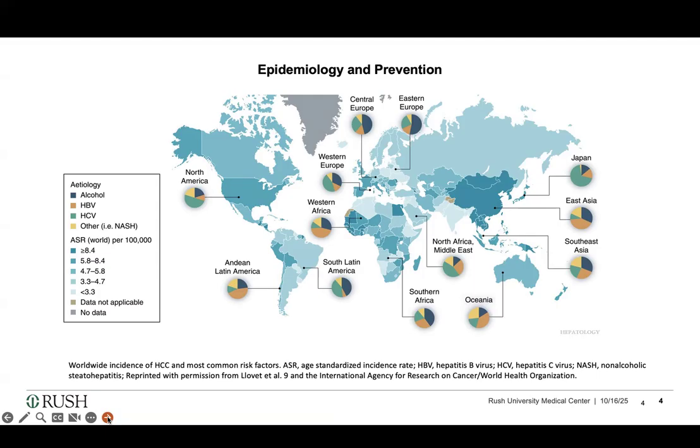The darker areas are where liver cancer is more common, and as you would expect, you can see that in East Asia, it's high prevalence and high incidence, and that is driven predominantly, not exclusively, but predominantly by hepatitis B. Whereas in North America, here you can see that the etiology is a little bit different in that we don't have quite as much prevalence and incidence, but here hepatitis C still drives the majority of liver cancer.